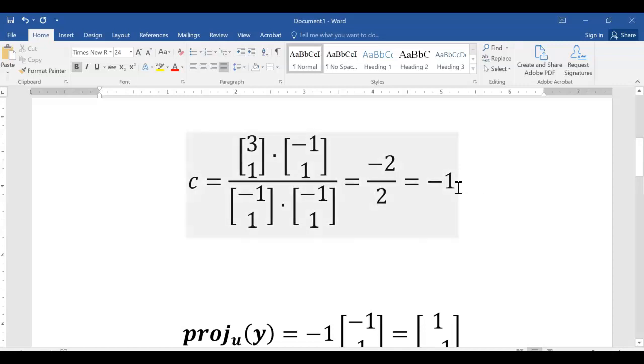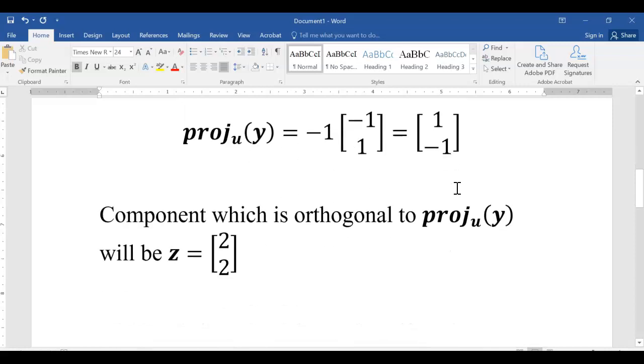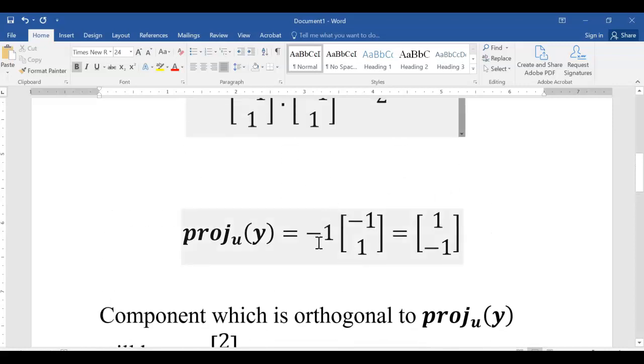So my coefficient needs to be -1. Now, the projection of y onto u is going to be -1 times my vector u, which gives me the vector (1, -1). So positive 1, negative 1.